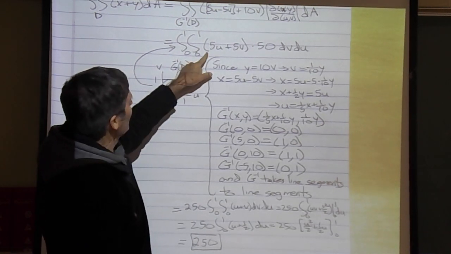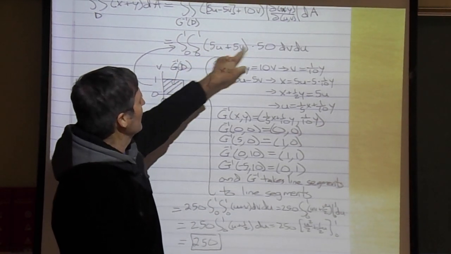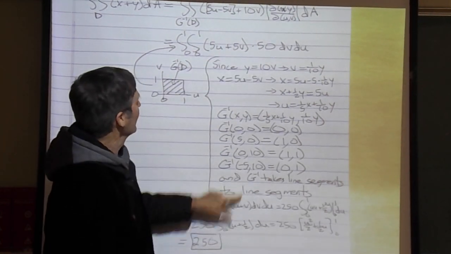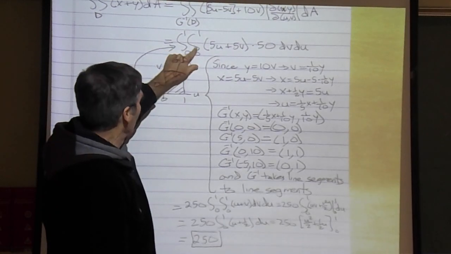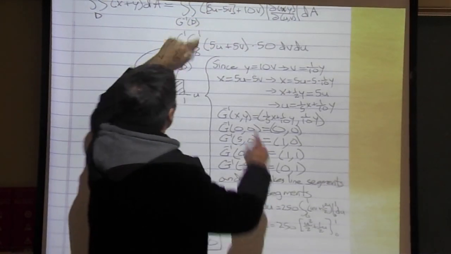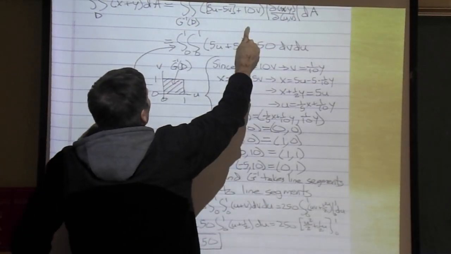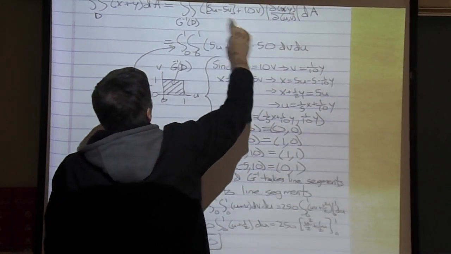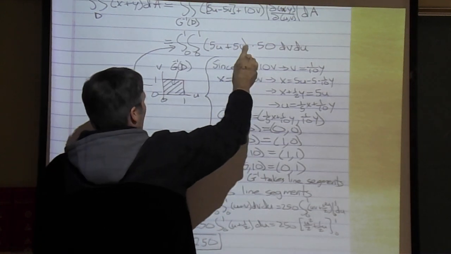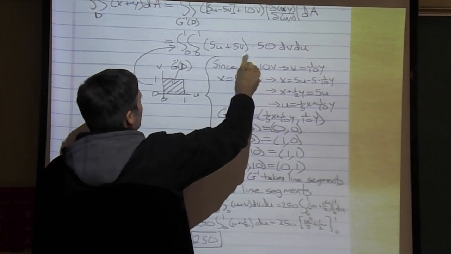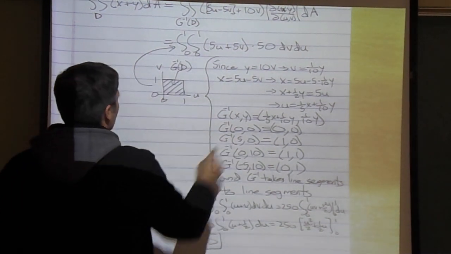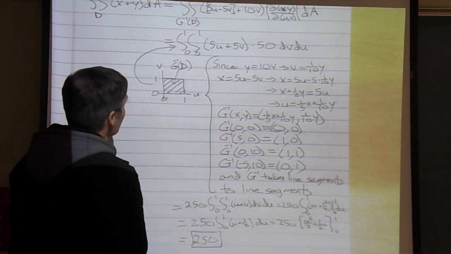All right, so what we get now is 5 times 50 is 250, integral u plus v, dv du. I should have taken it from up here. The 50 here times 5u plus 5v from 0 to 1 and 0 to 1 is the integral we get by making this change of variables.